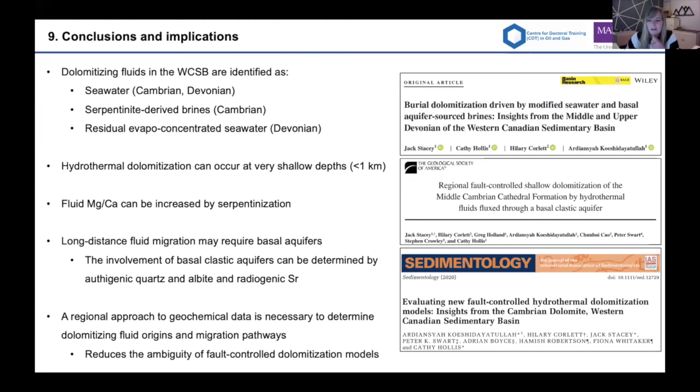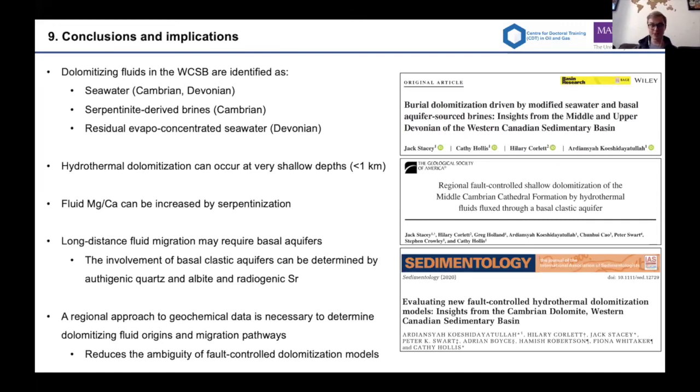Great, thanks. We just have one minute left, or maybe less, but just quickly from Zi Yang, great job, Jack. Is there any petrographic evidence to prove Mg/Ca increased by serpentinization or other geochemical signatures? That's a really good question, and that is a bit outside my wheelhouse, I'm afraid.